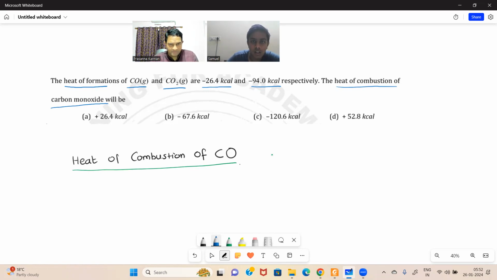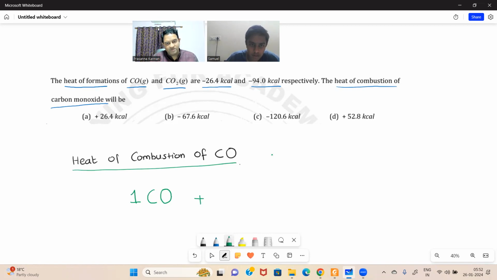So what is the substance here? Carbon monoxide. How many moles of it? 1 mole. So the focus is on carbon monoxide, burning 1 mole of it. Under no circumstance should you change this number here.